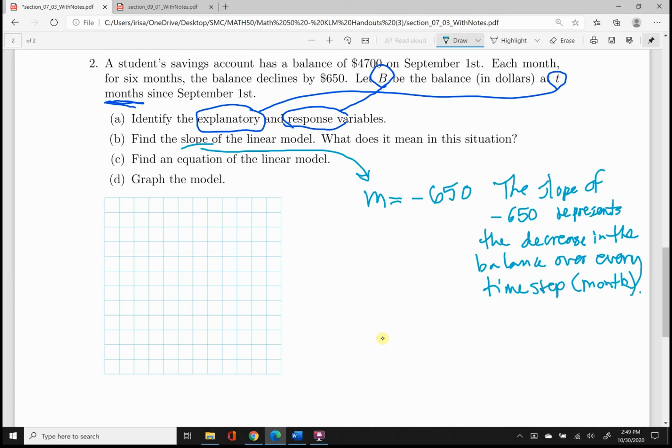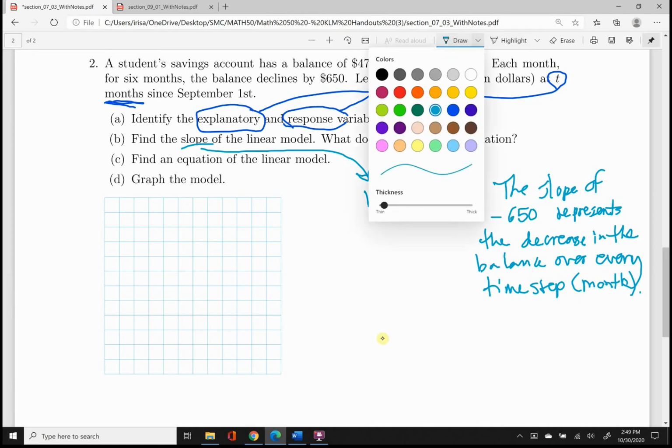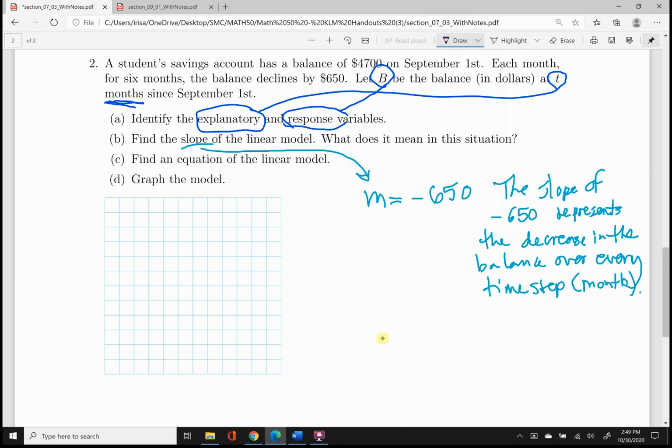Now we're given the slope, negative 650, but we're also given an initial condition, just in case we're not clear on that, and that is that the savings account's initial balance in the scenario, which is happening at September 1st, was $4,700. So that means we can get going on this equation in the form of y equals mx plus b.